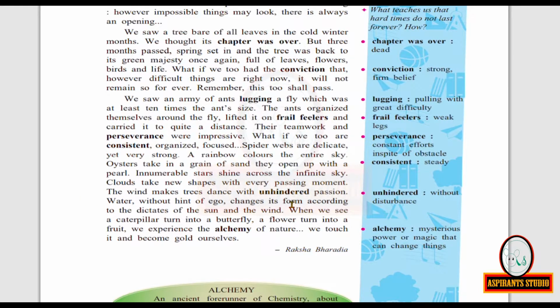Unhindered means without disturbance. Water, without hint of ego, changes its form according to the dictates of the sun and the wind. When we see a caterpillar turn into a butterfly, a flower turn into a fruit, we experience the alchemy of nature. That is the mysterious power or magic that can change things. We touch it and become gold ourselves.